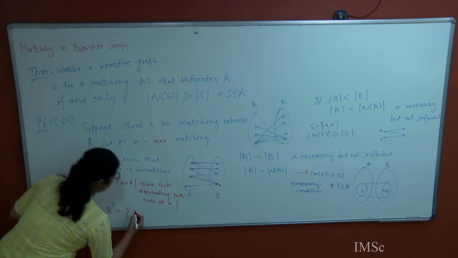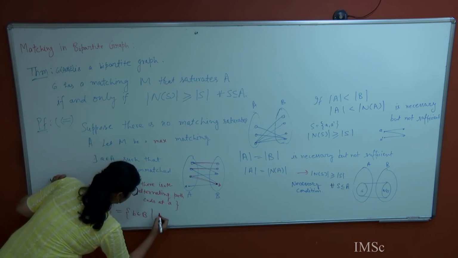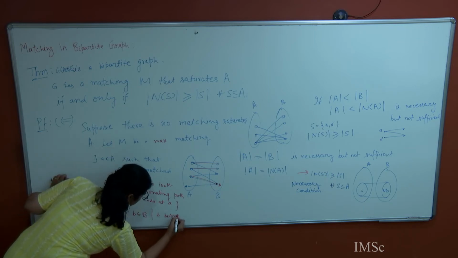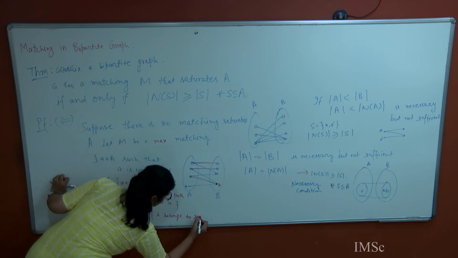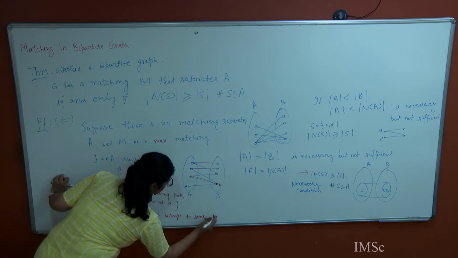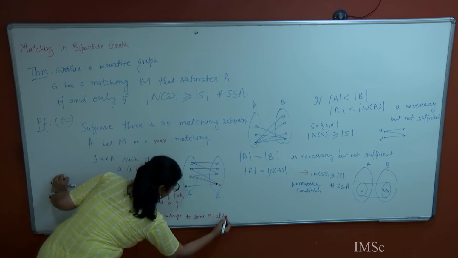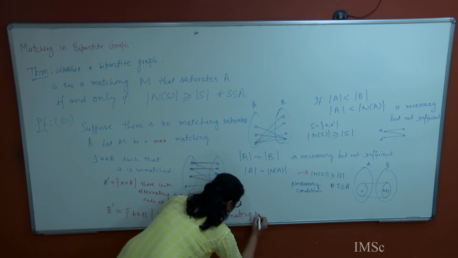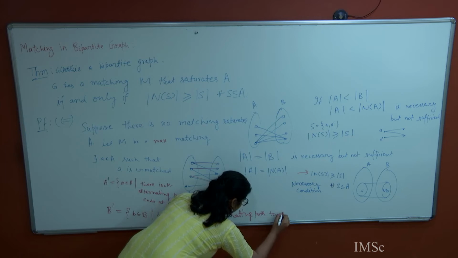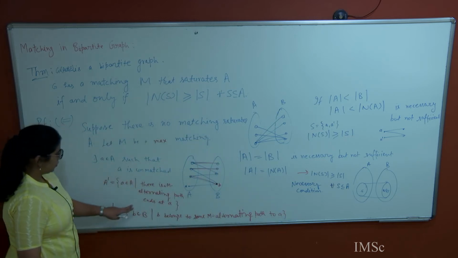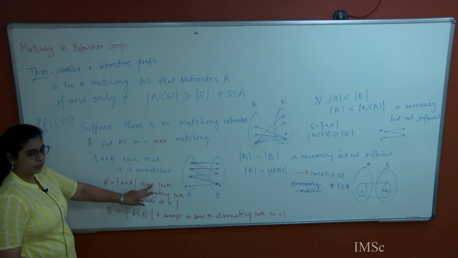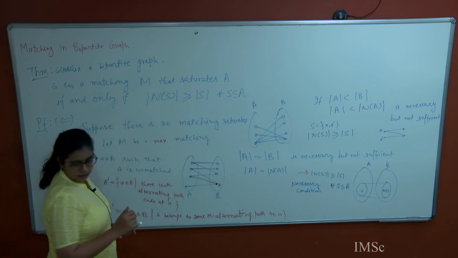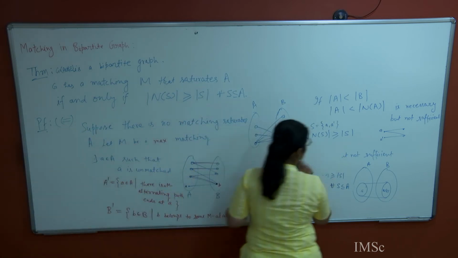B prime is the set of vertices v that belong to some M alternating path to A. So B prime is those vertices which belong to these alternating paths. Now look at their cardinalities. What happens?